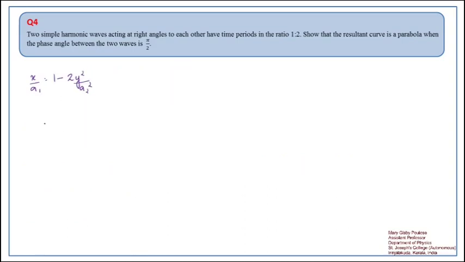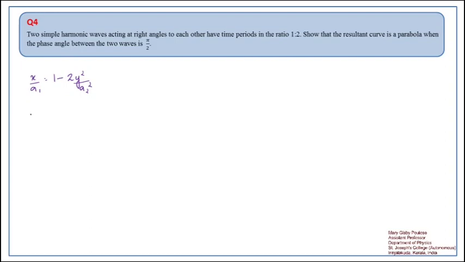The question asked is whether the resultant curve is a parabola. We know the equation of the locus of a parabola is y square equal to ax, or y square is proportional to x, right? So we need to rewrite this expression in that form and verify that we get it.